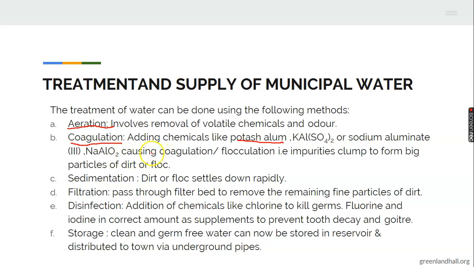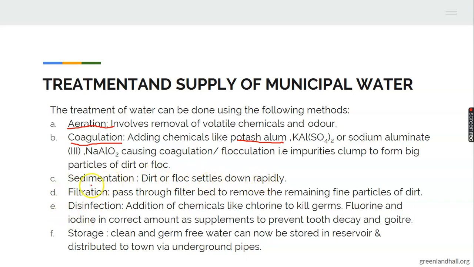Either of the two normally causes coagulation, or flocculation. What happens there is that the impurities clump together to form big particles of dirt or floc. So this can now be easily settled. When it settles, you call it sedimentation, where the dirt and floc settle down rapidly.